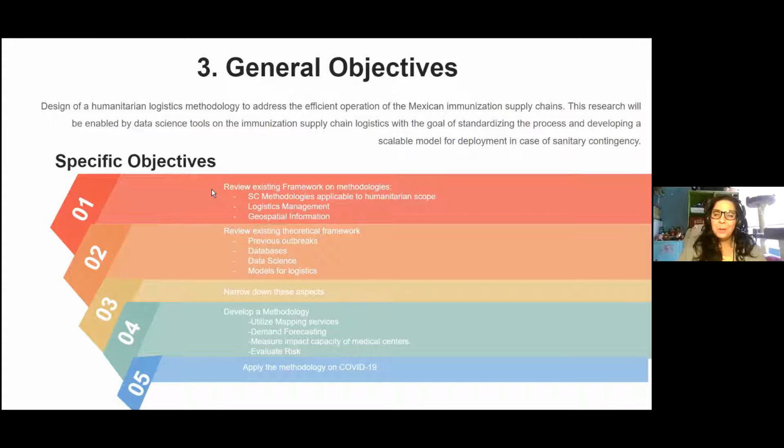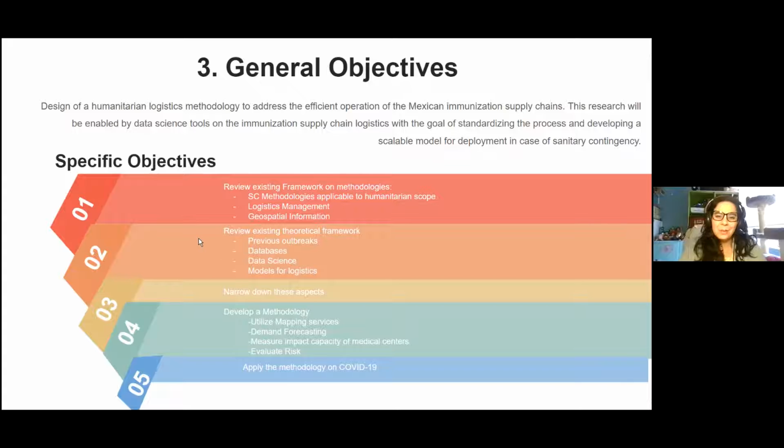By geospatial information, I mean that I am looking at how long the distribution channel is in terms of distance. I'm also considering looking at satellite imagery to see where the population clusters are, but it's still in the works.